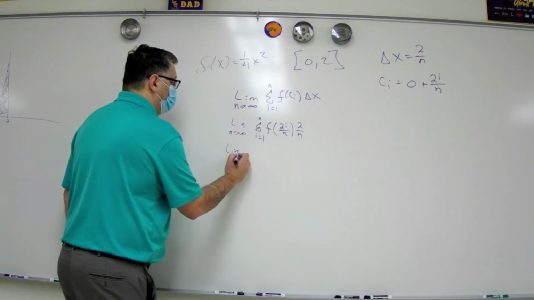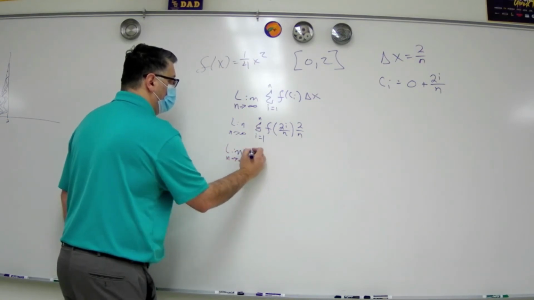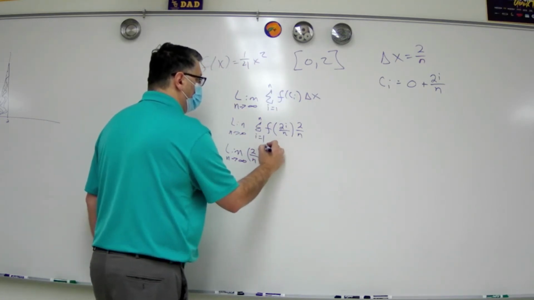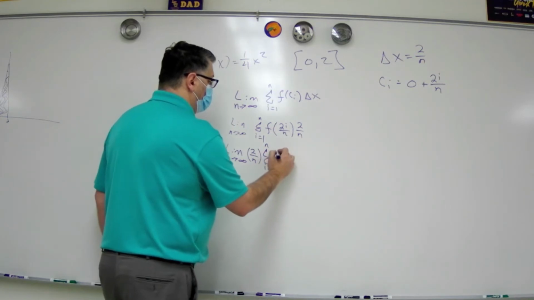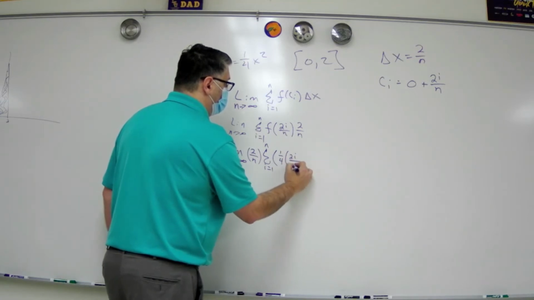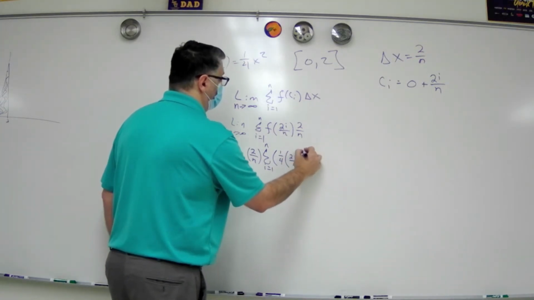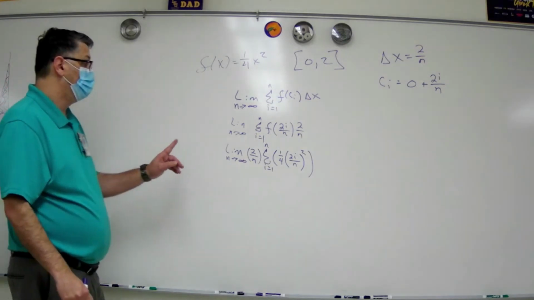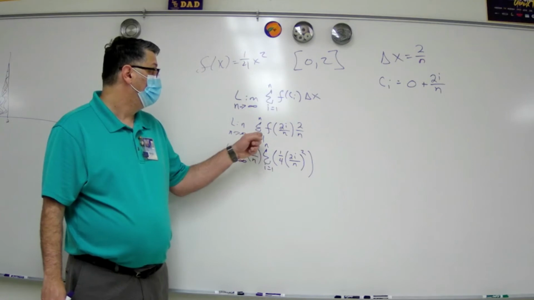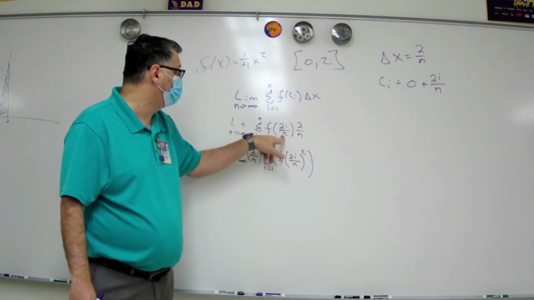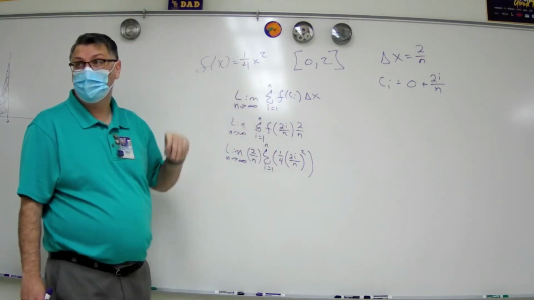So I'm going to do the limit as n approaches infinity of 2 over n times my sigma of i equals 1 to n of 1/4 of 2i over n squared. What did I do? I put f into the actual equation, because this is my x, I just put it into my x.